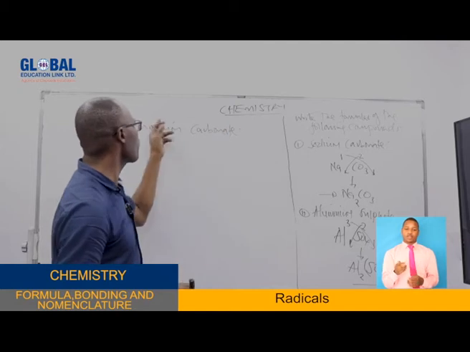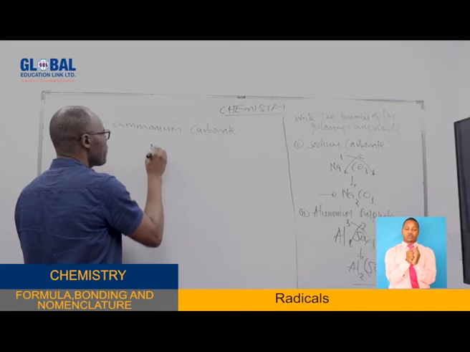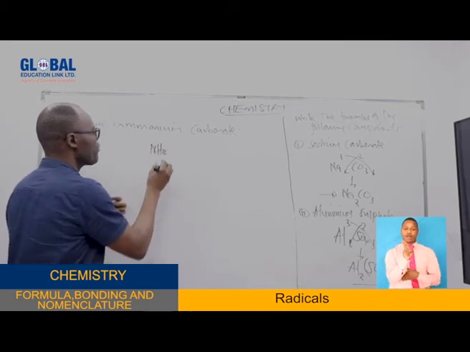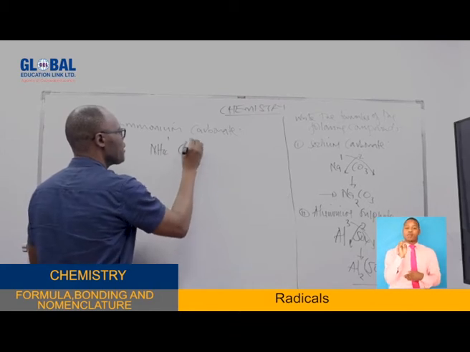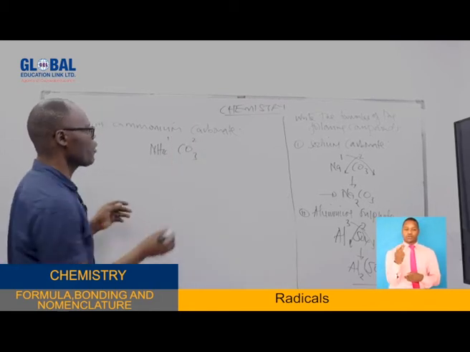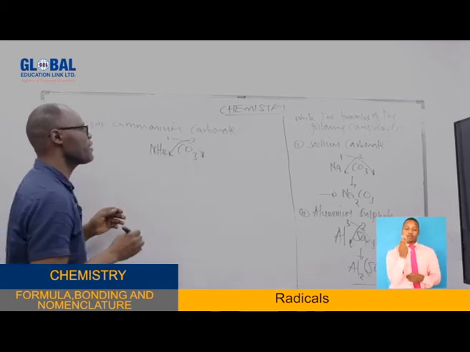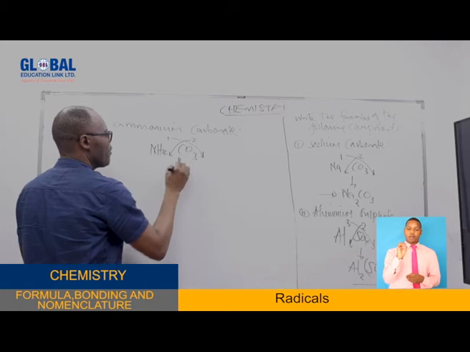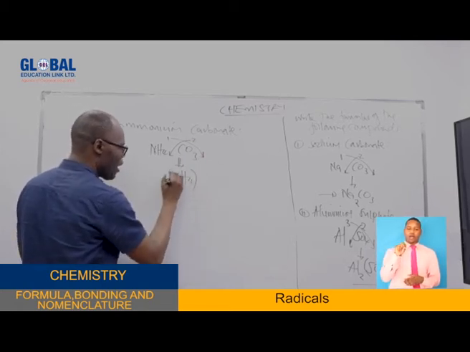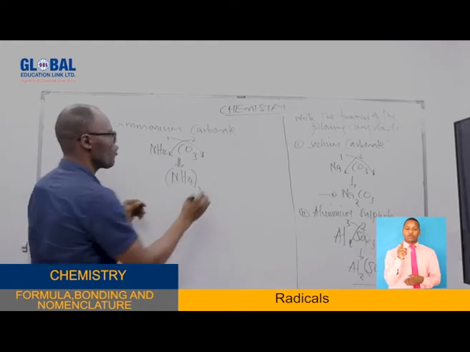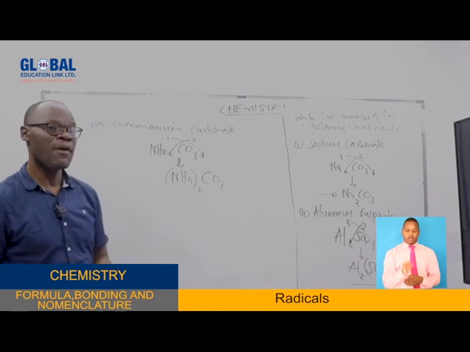Negative and positive can still come together. So we have ammonium, which is positive 1, and then our carbonate, which is negative 2. As usual, if we exchange the values of the valencies, we'll have ammonium with a 2 now, and then carbonate with a 1. Now that one becomes our ammonium carbonate, (NH4)2CO3.